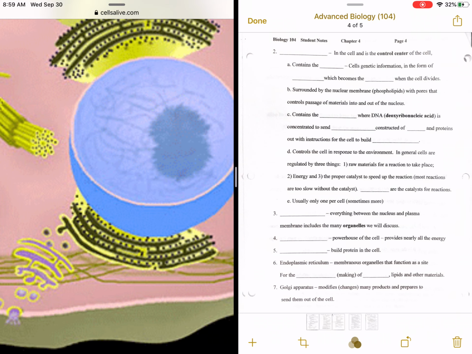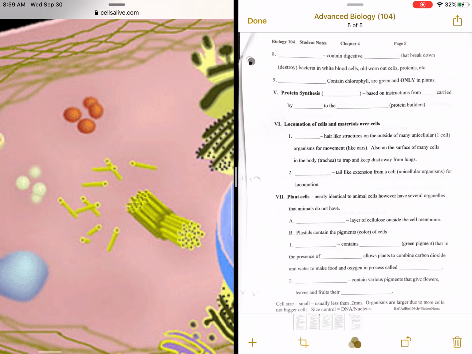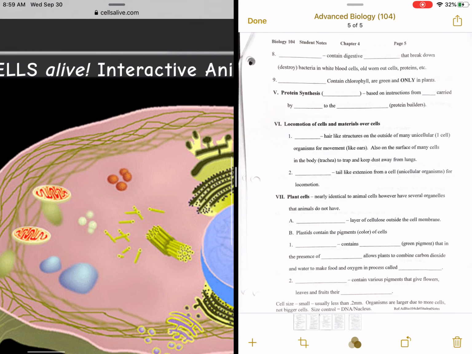Number 8, your lysosome contains digestive enzymes that break down or destroy bacteria in white blood cells. Now, your lysosomes are usually mostly found in animal cells. They're these red structures here. They're not usually found in plant cells unless your plant is like a Venus flytrap or another type of insectivorous plant. And that doesn't mean that they actually eat the full insects, but they break them down and absorb some of their nutrients because their soil is poor.